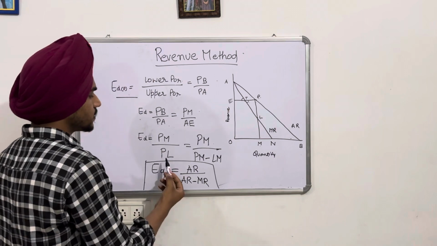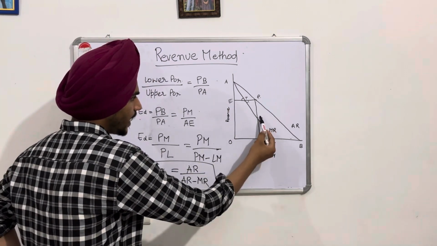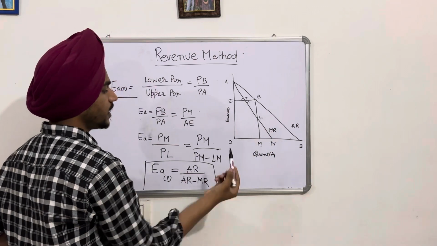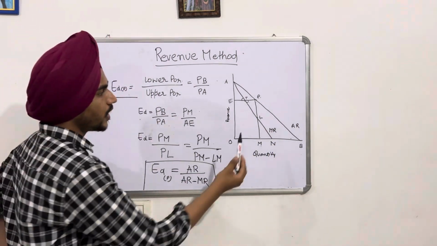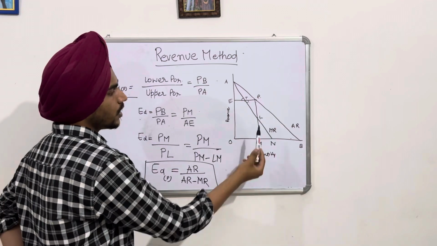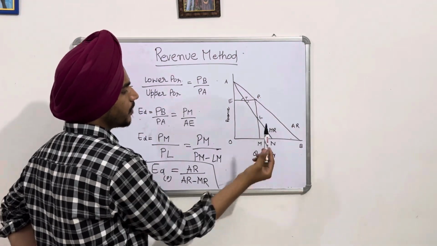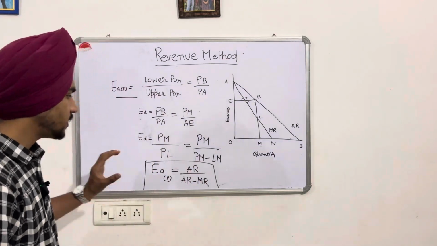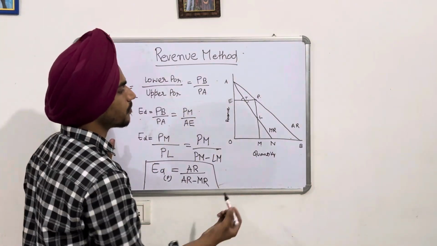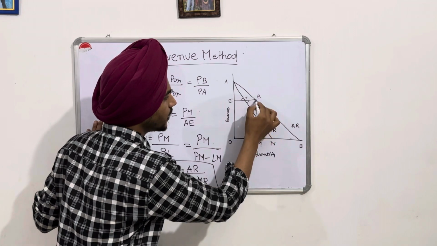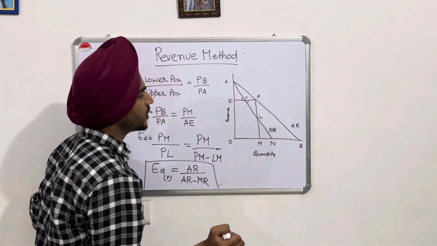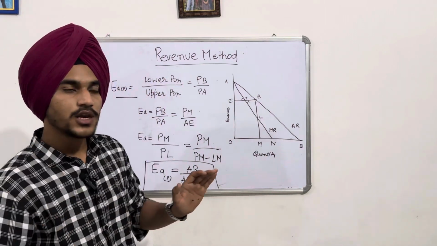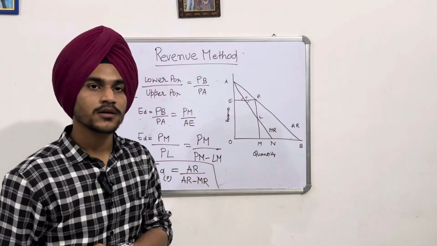PM is as it is. Can we write PL as PM minus ML? Yes, we can write. In place of PL, we can write PM minus ML. Now, with your full focus, see what PM is. Can we say it is touching the average revenue curve? Can we say PM is average revenue at point P?